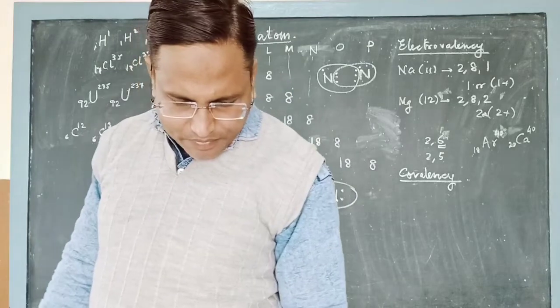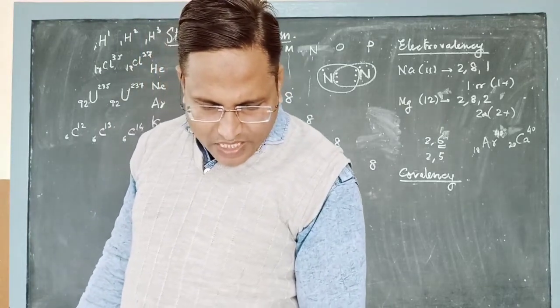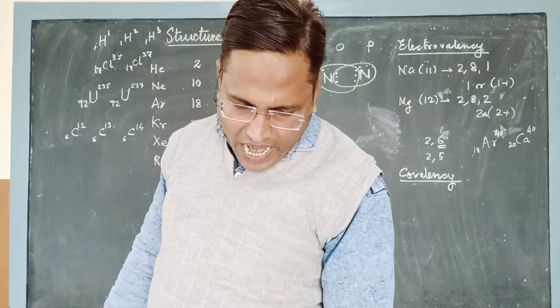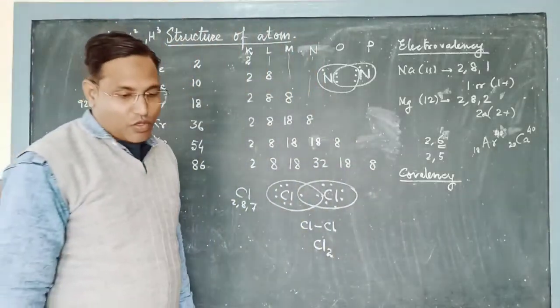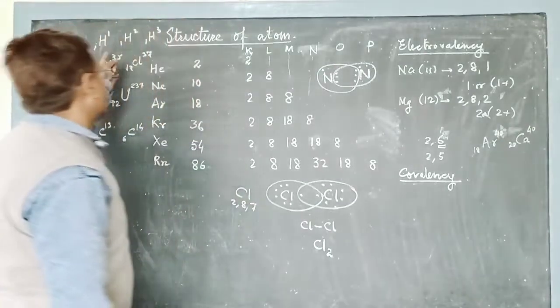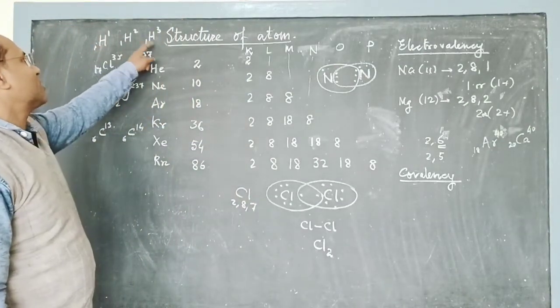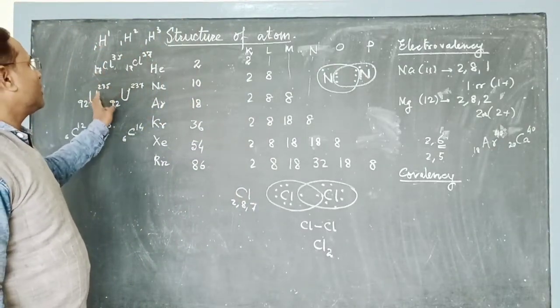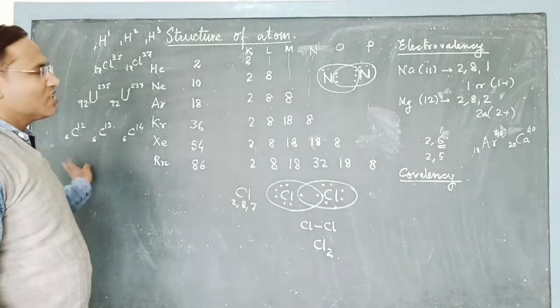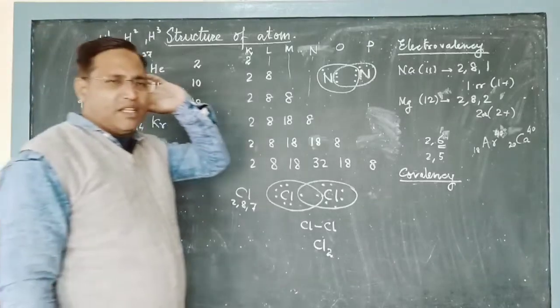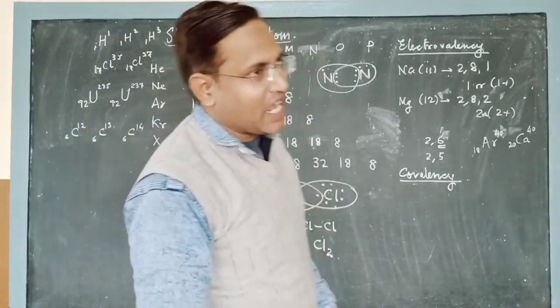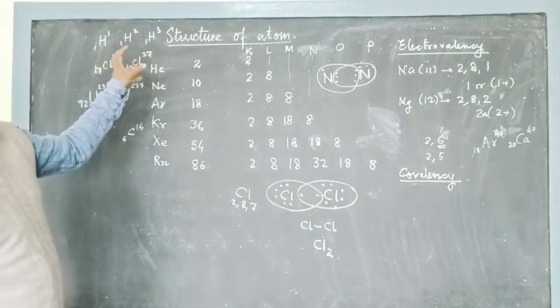Next we have that all the isotopes of an element have identical chemical properties. For example, the isotopes of hydrogen are these three, chlorine these two, uranium these two, carbon these three, then neon. So all the isotopes of an element have the same chemical properties.